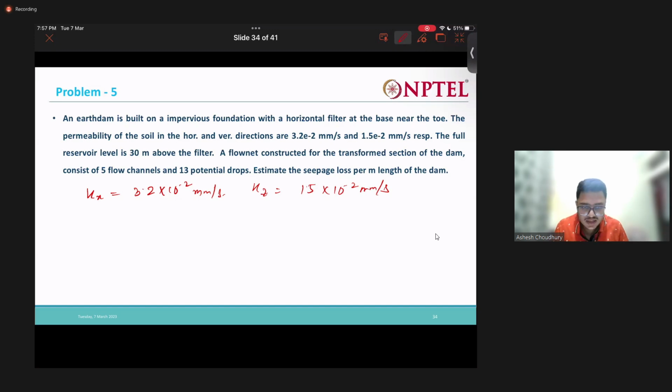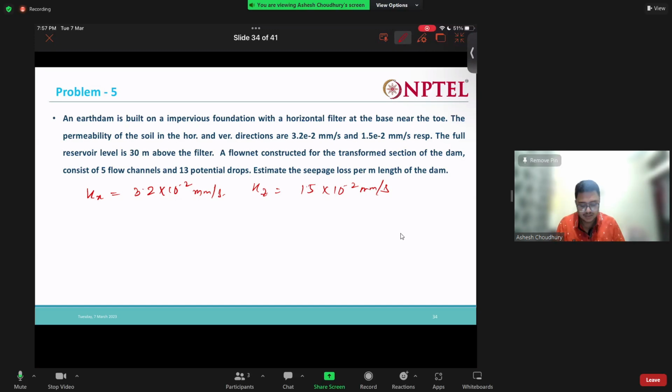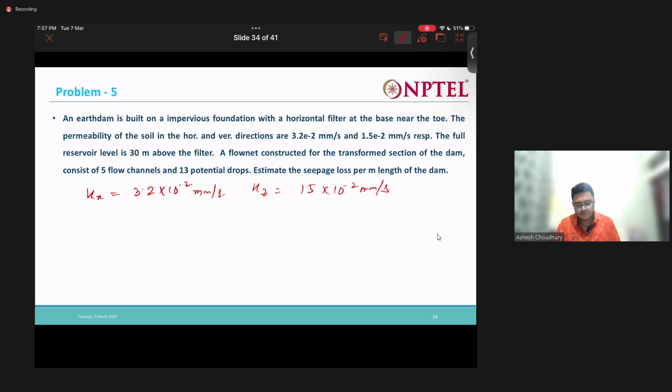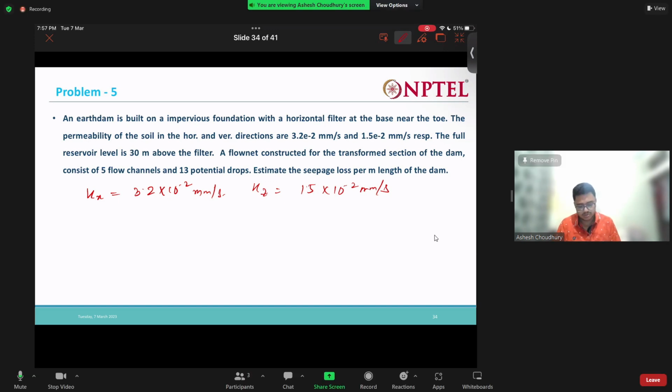They are given. Both Kz and Kx are not same. The full reservoir level is 30 meter above the filter. The flow net is constructed for the transformed section, consists of 5 flow channels and 13 potential drops. So we need to estimate the seepage loss per meter length.